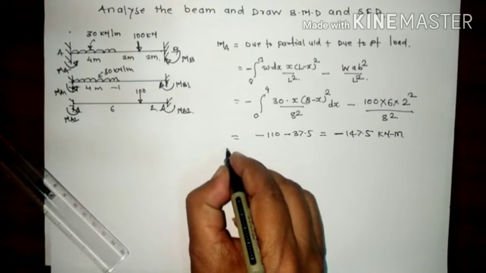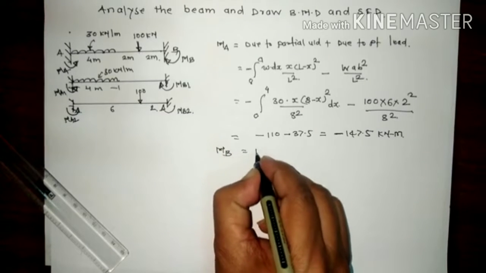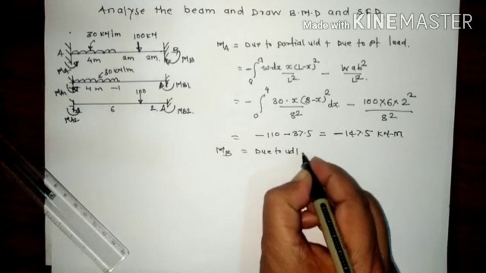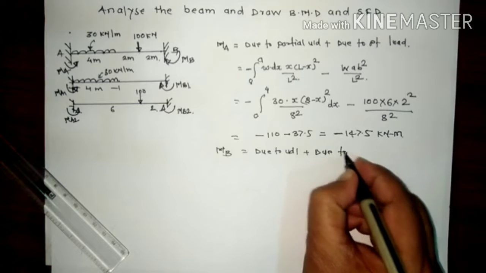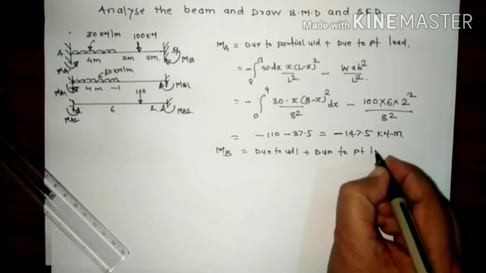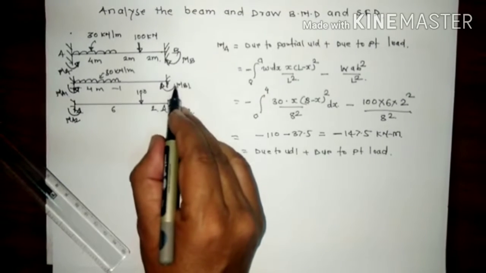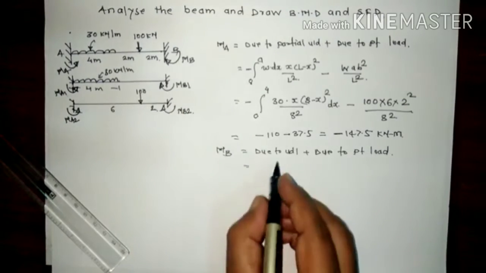Now the MB is again due to UDL and due to the point load. Same line of action here. Now due to this UDL, MB is equal to what here?